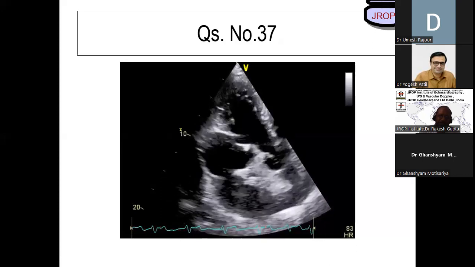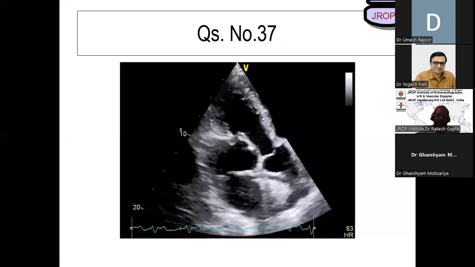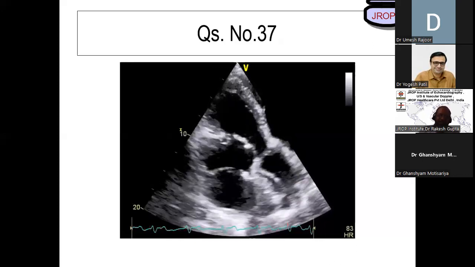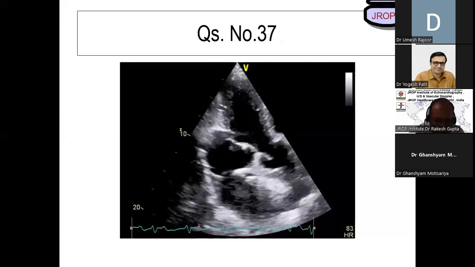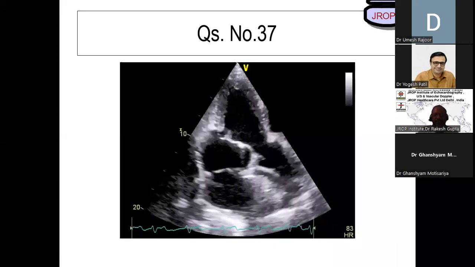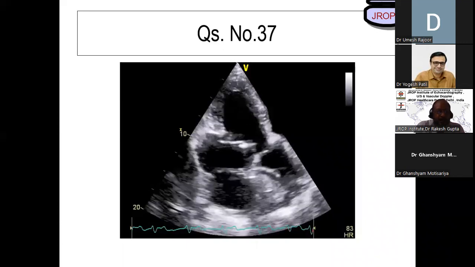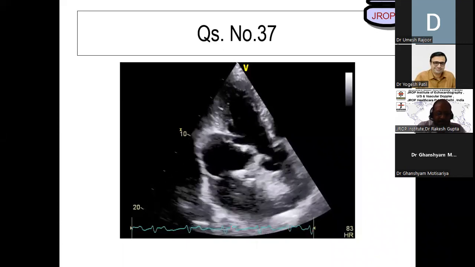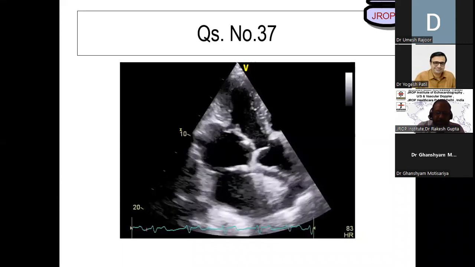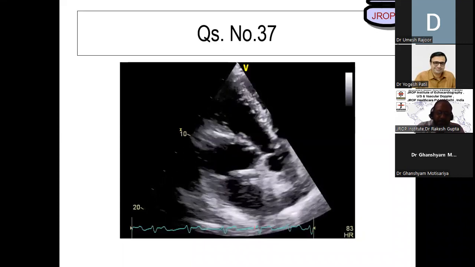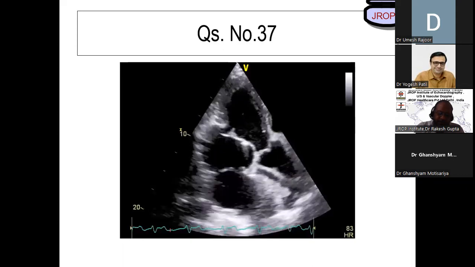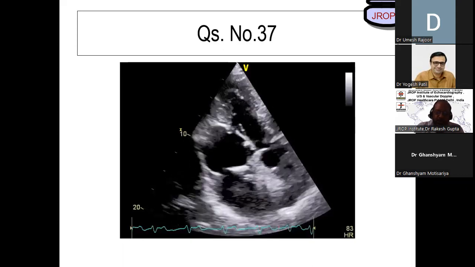No, there is no interventricular septal defect. This is a little tough. I do agree it's a little tough. Umesh Raju could not get it. Would anybody else like to take up this question? Yogesh, go ahead.